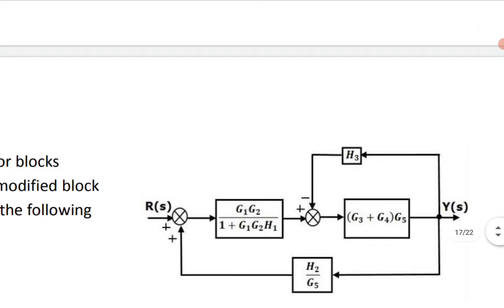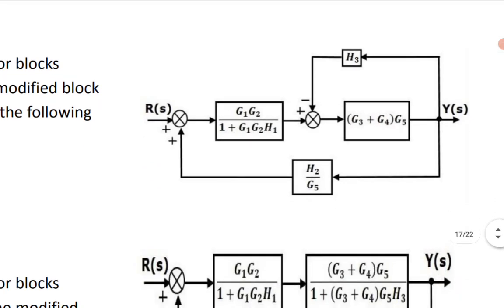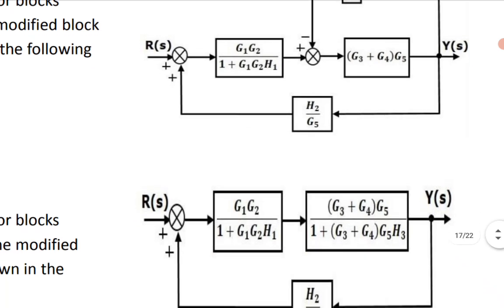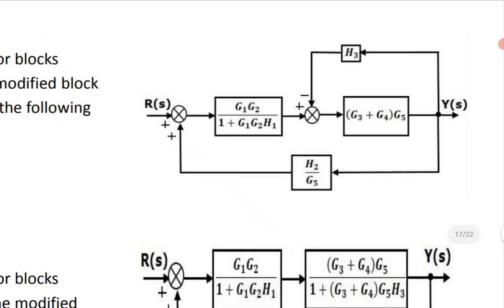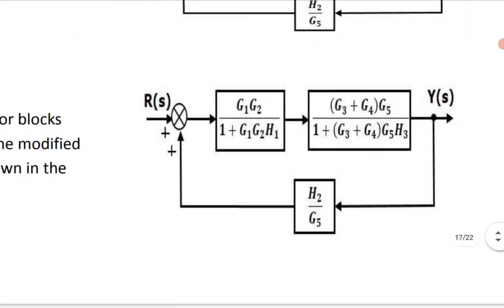Then obviously we can eliminate the negative feedback path that is connected to H3, that generates (G3 plus G4) whole into G5 divided by 1 plus H3 G5 into (G3 plus G4). Then again we may cascade these two blocks at a time, that is G1 G2 by (1 plus G1 G2 H1) and (G3 plus G4) whole into G5 by (1 plus (G3 plus G4) whole into G5 H3). We may cascade it.